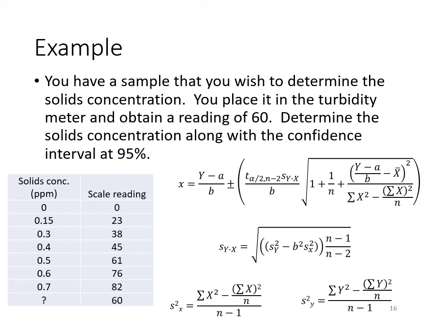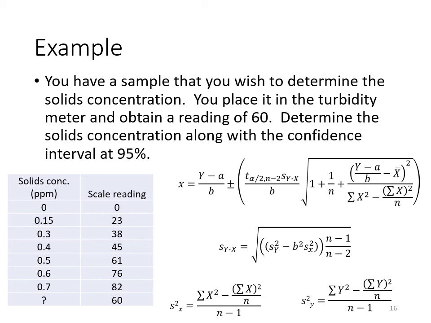Now you need to know what's the solids concentration that corresponds to that reading. So we will use the equations that have been given, and we've calculated our slope, our intercept, and the confidence intervals.